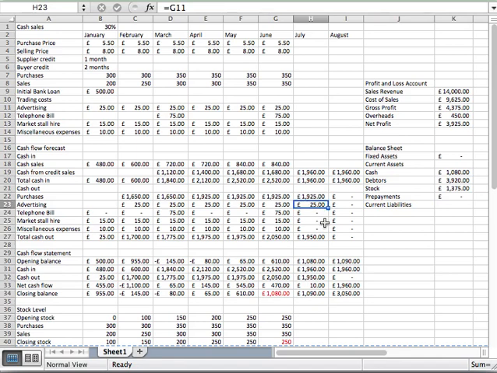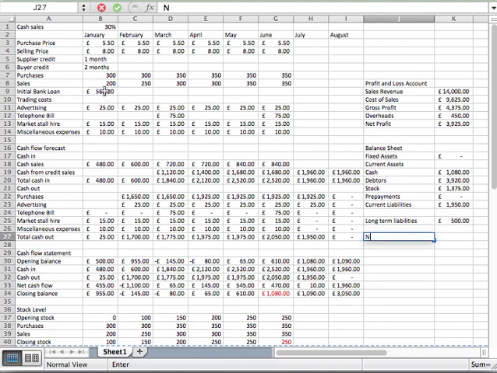So it's the sum of those two. Equals that plus that. Now the only thing we've now got to do is the long-term liabilities. And the only long-term liability is the bank loan at 500.